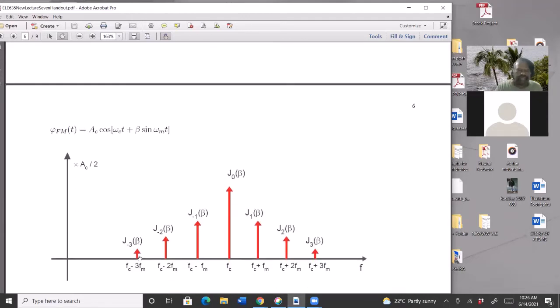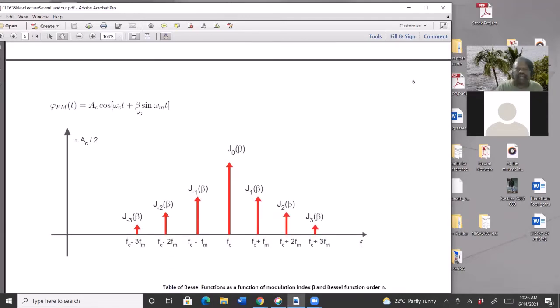In order to calculate the bandwidth, you need to know the beta. Once you have the beta, the spectrum looks like this. And once again you can see the Bessel functions keep on going. So theoretically the bandwidth is infinite, but importantly the Bessel numbers, after a while, the accepted custom is when it is less than 1% of the highest number here, we start ignoring them.